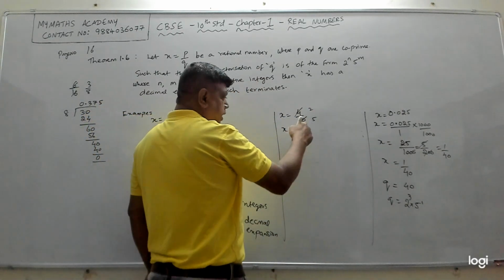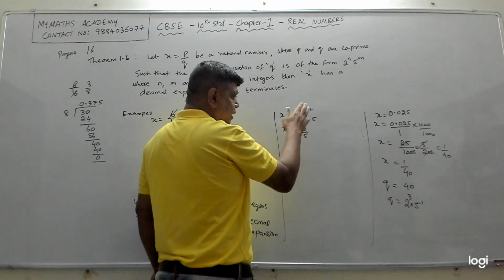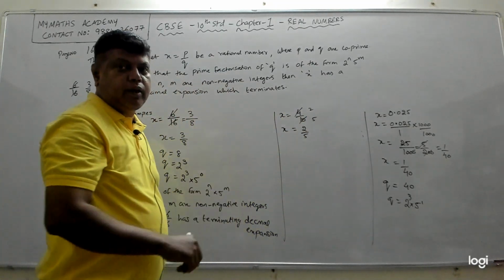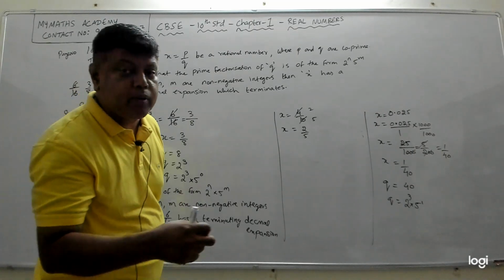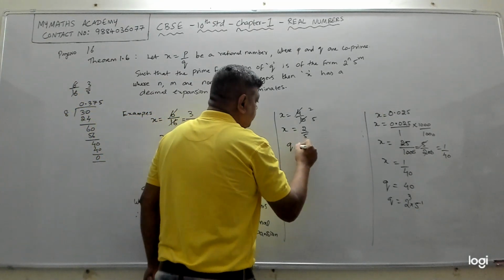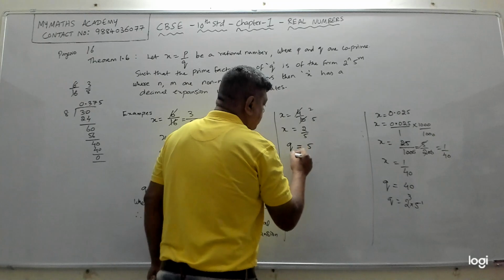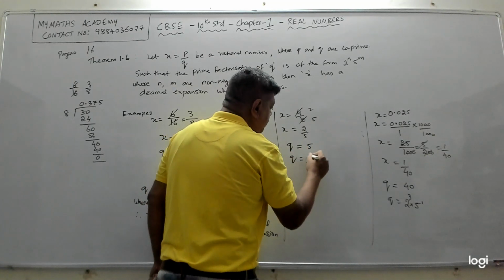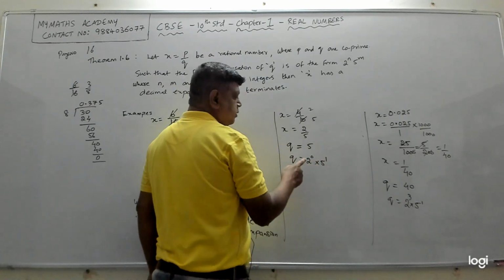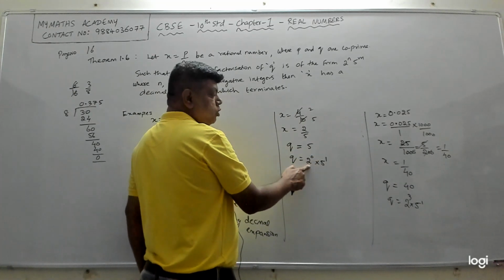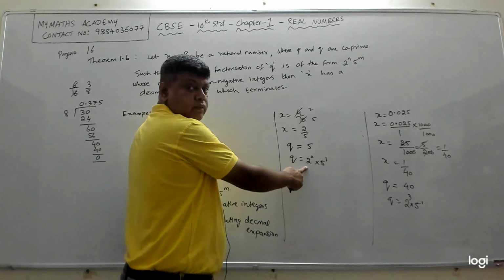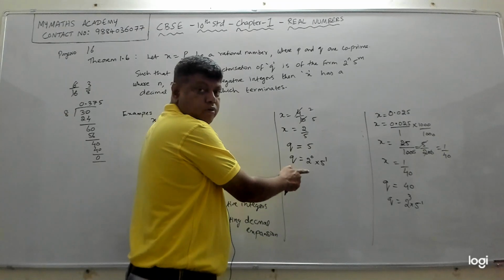Can I simplify further? No. The moment I simplify to the lowest form of the fraction, at that time I should take my q. Now what is my q? Q is 5. That q can be written as 2 power 0 into 5 power 1, since 2 power 0 is 1.